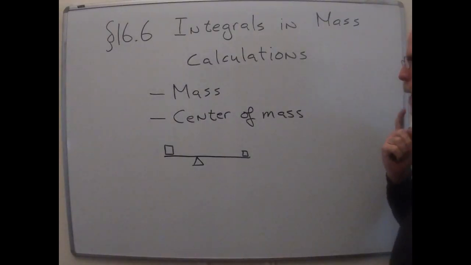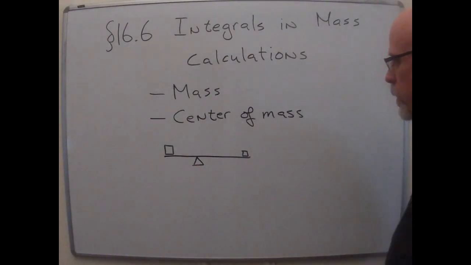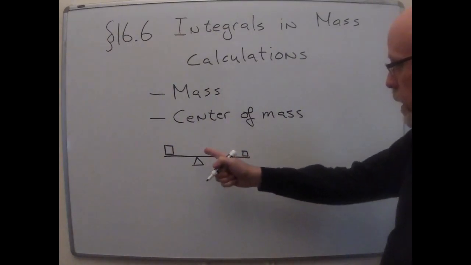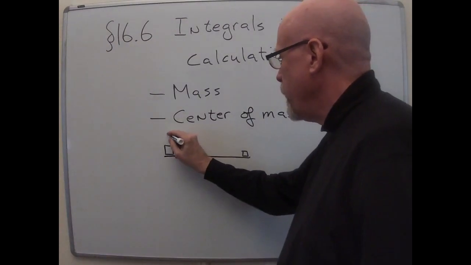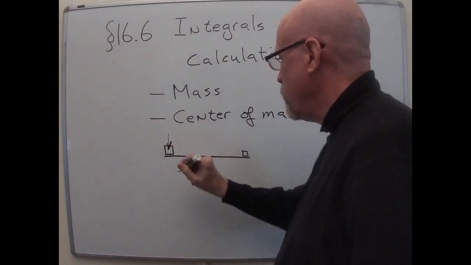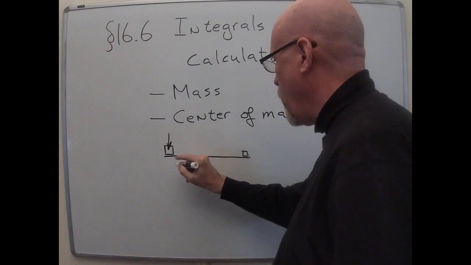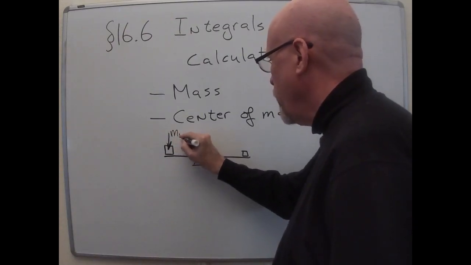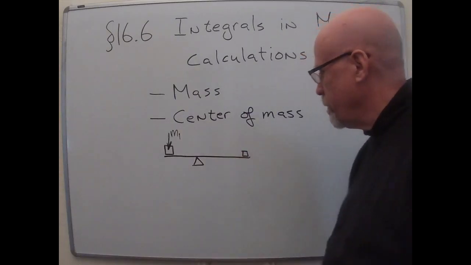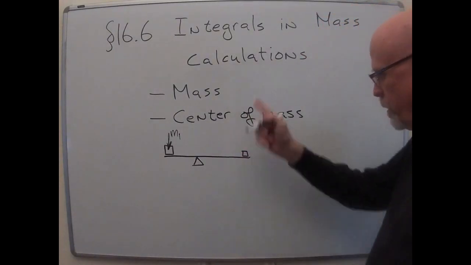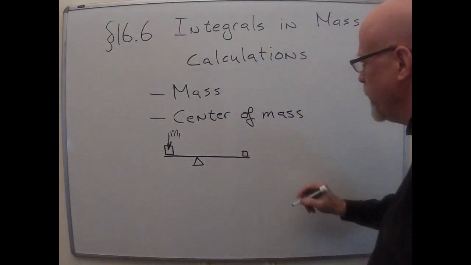So how do we go about actually locating this position where the mass can be thought of as concentrated, the center of mass? In this kind of setting, you have basically four numbers. You have the mass of this block, call it M1. It's actually the force that's produced by the mass times the acceleration of gravity, but it's proportional to M1 anyway.